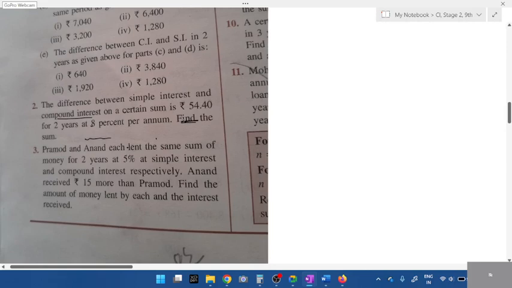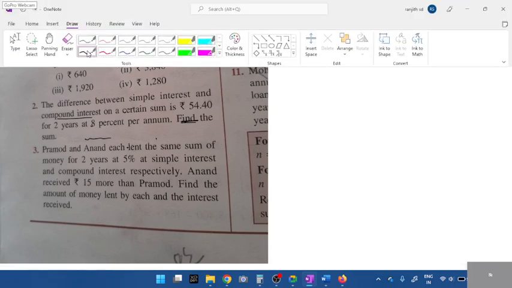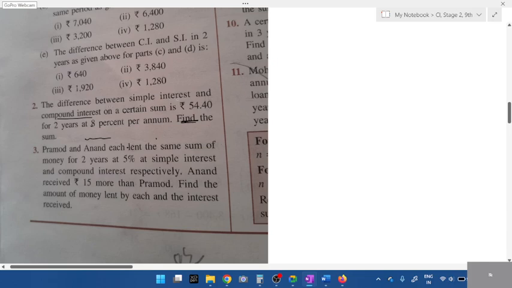See, same concept. What is given here? The difference between simple interest and compound interest. What is the difference? See, difference is already given in this. We're doing the second exercise. So difference between simple and compound interest. In which one you get more value? Simple interest or compound? It's very good.